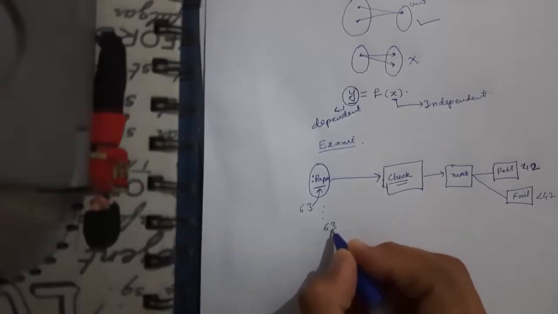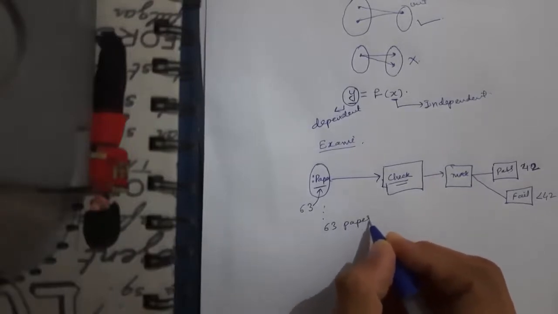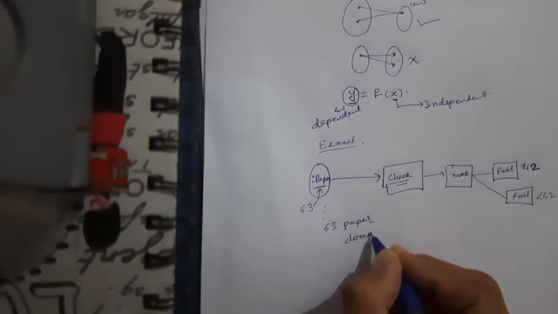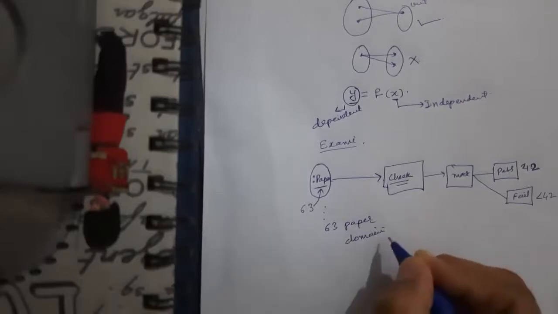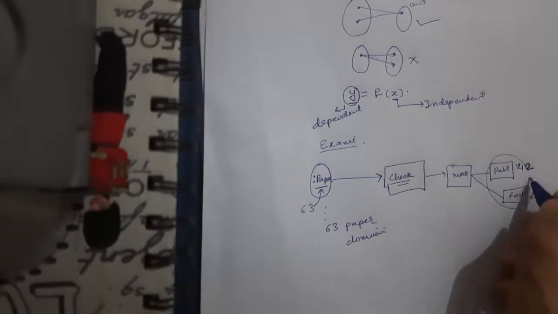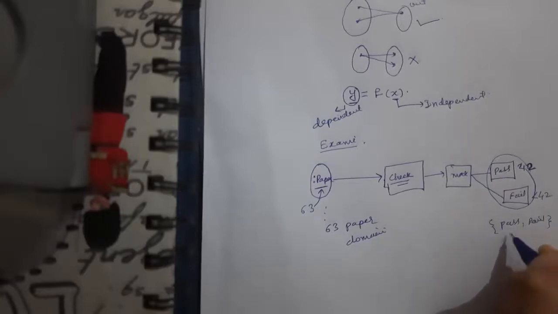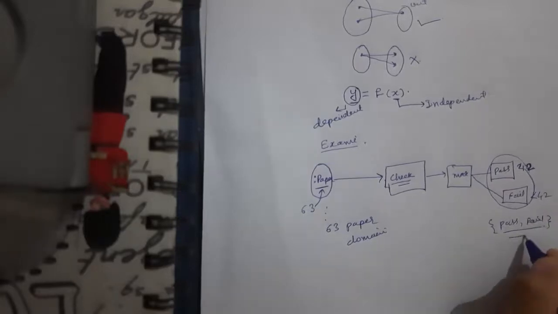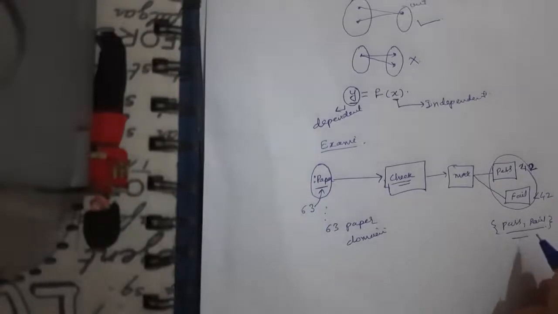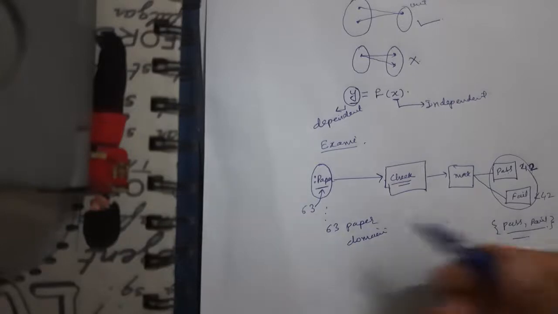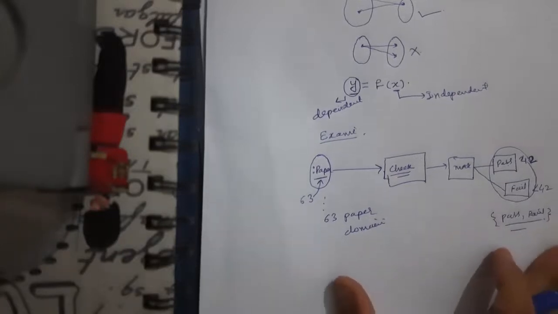All these 63 papers are nothing but the domain of this function. And what is the codomain of this function? It is pass or fail. So pass, fail, these two values are the codomain of the function. This is also the range or image, because only two values are there and we are using both of them. That's how the function is.